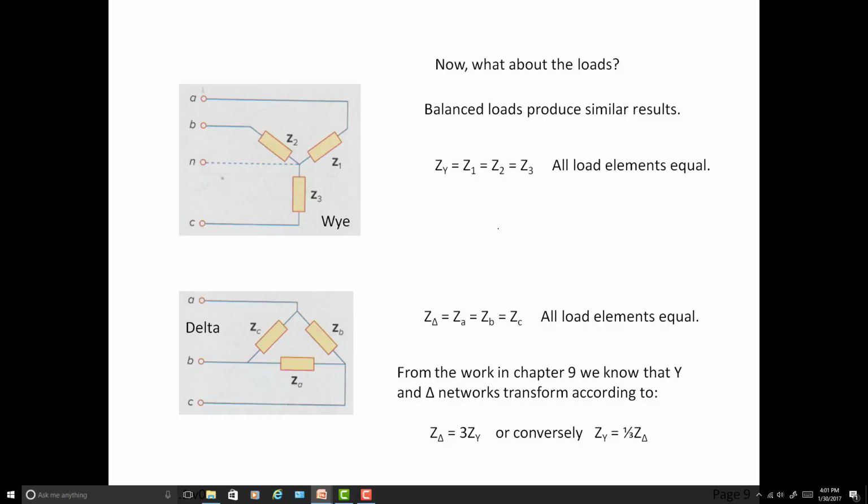Conversely, the elements Z1, 2, and 3 are each 1/3 of the respective elements in the delta configuration. You can go back and look at that. It's late in Chapter 9 when you did that last semester, so here is the reference.